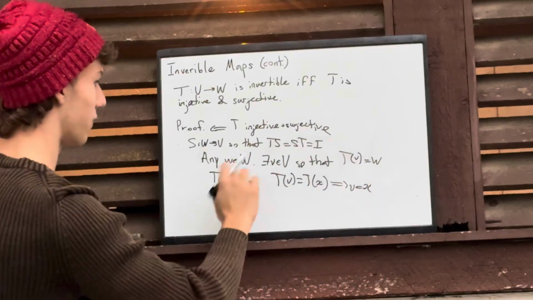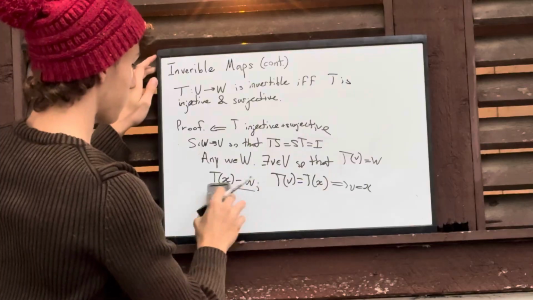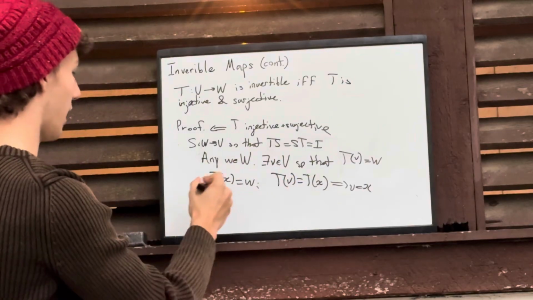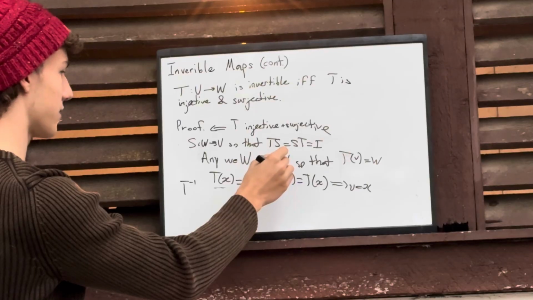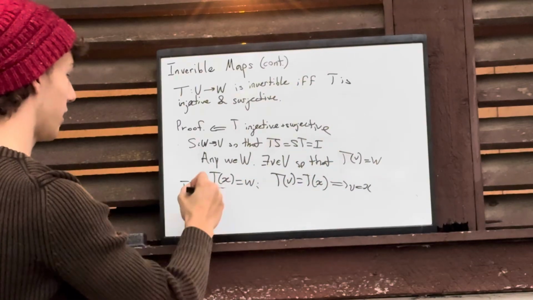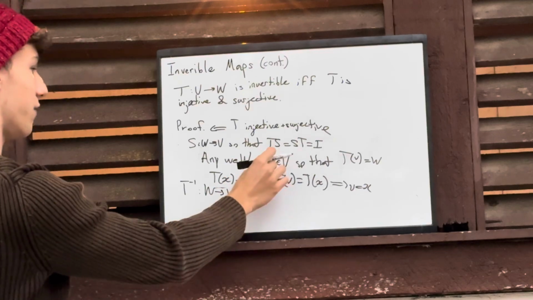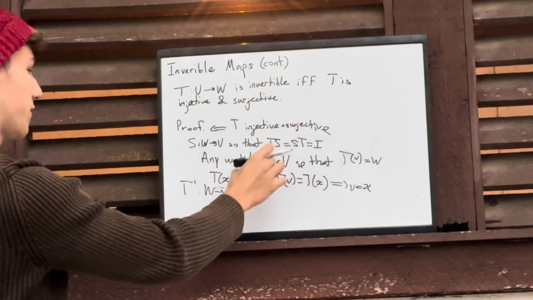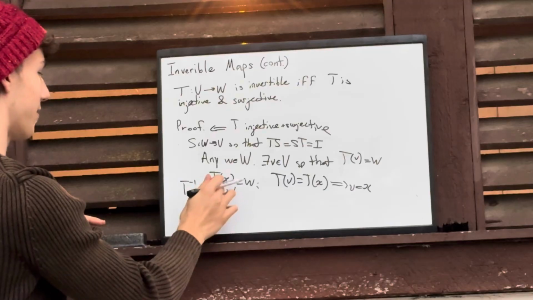We can't think of two different things. So that's going to be our function. We construct T inverse by taking any W in W, and then finding the V, using surjectivity, that maps uniquely to that W, and boom.